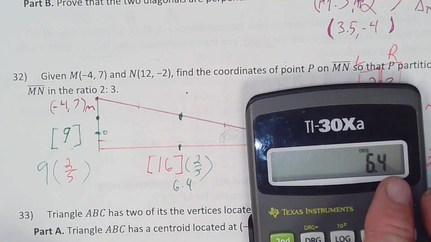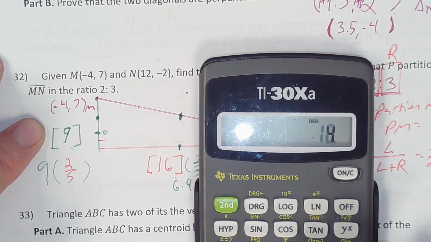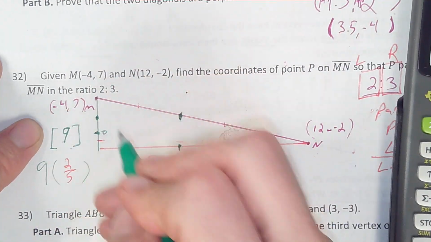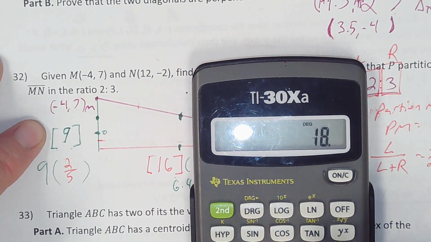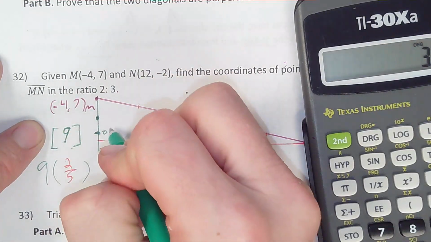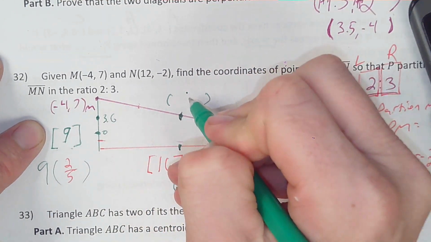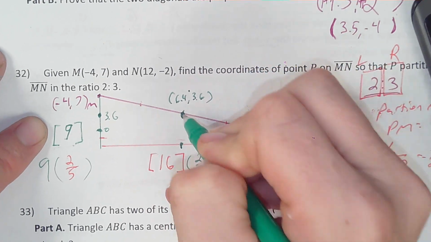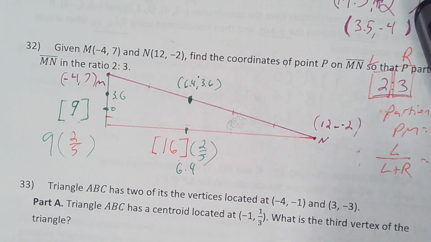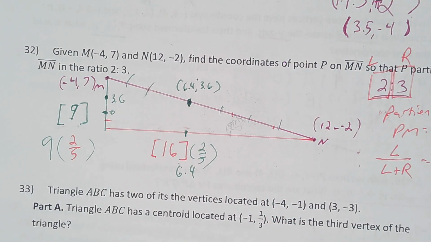I should have written it down, but I didn't. 9 times 2 divided by 5 equals 3.6. So my point coordinates were 6.4 and 3.6. This point is my 2 to 3, a ratio of 2 to 3.